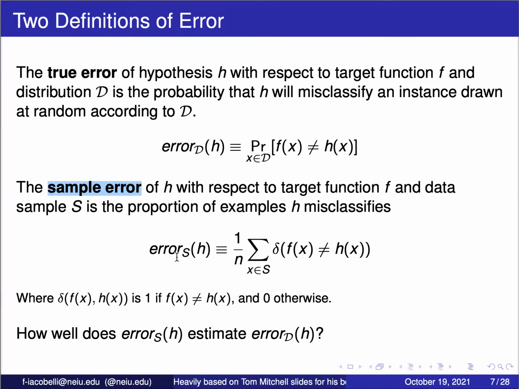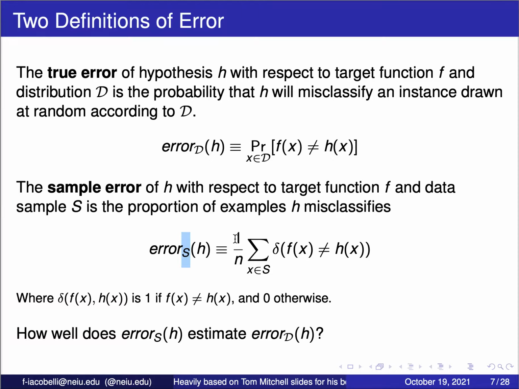The sample error is basically the error of the hypothesis tested on a smaller sample that follows that distribution, right? So they're not made up examples. They're examples of hopefully real people, or simulated, following the probability distribution of real people.